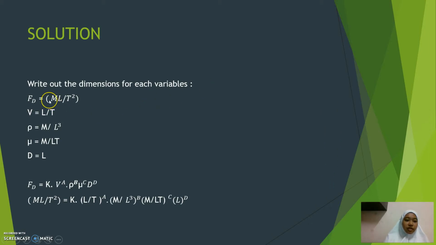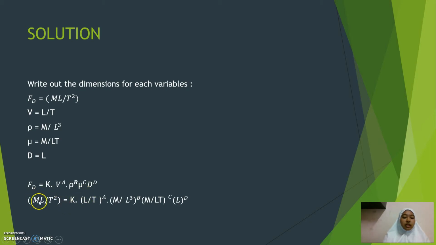So the drag force equals ML over T squared, v equals L over T, rho equals M over L cubed, mu equals M over LT, and d, which is the diameter, equals L. So we write the equation like this. F_D equals k, which is just a constant, times v to the power of a, rho to the power of b, mu to the power of c, and d to the power of d.